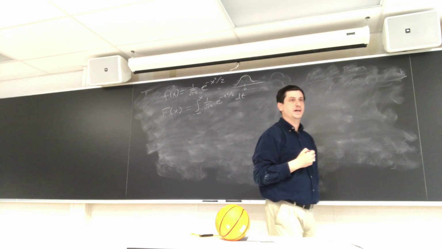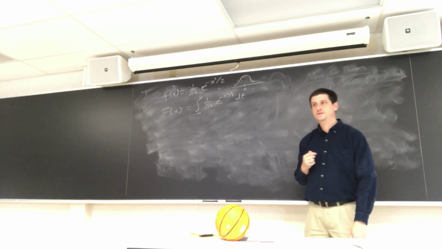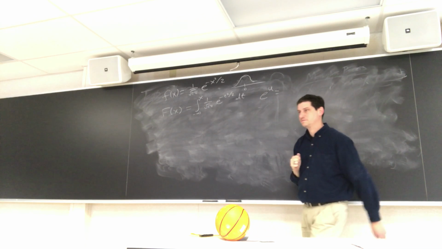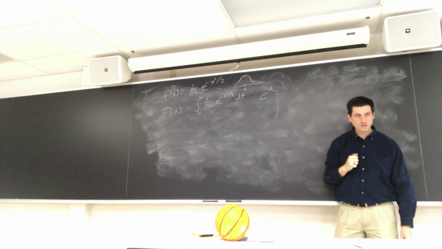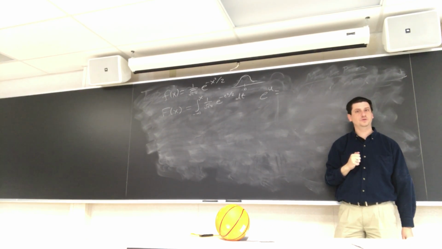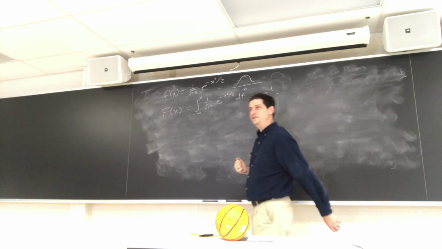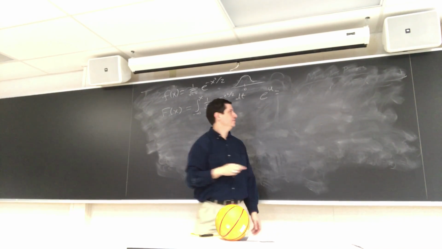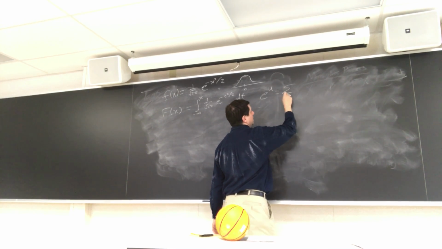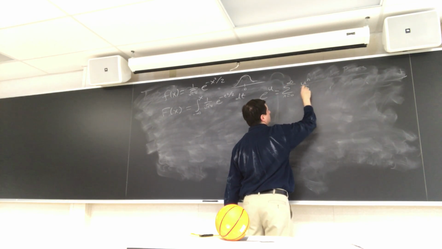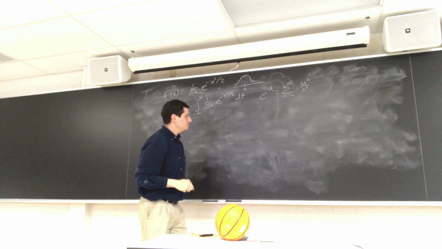How's the exponential defined? What does e to the u equal? It equals e to the u, but how would you actually compute e to the u? What's our definition of e to the u? Taylor series. It's the sum, from 0 to infinity, of u to the n over n factorial.